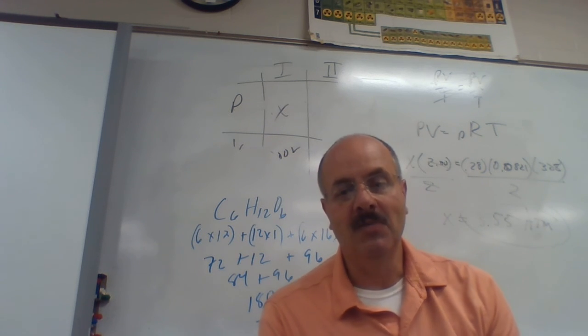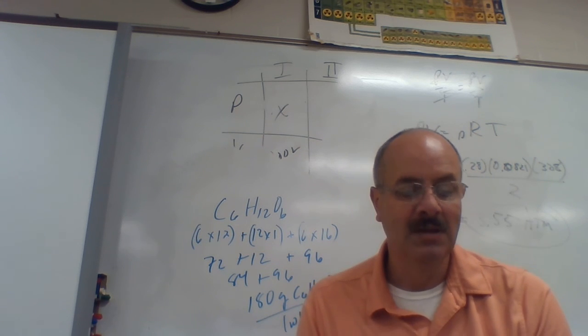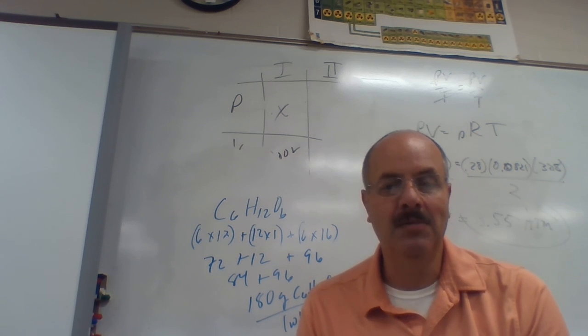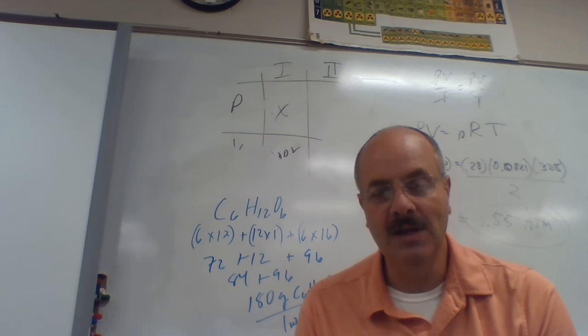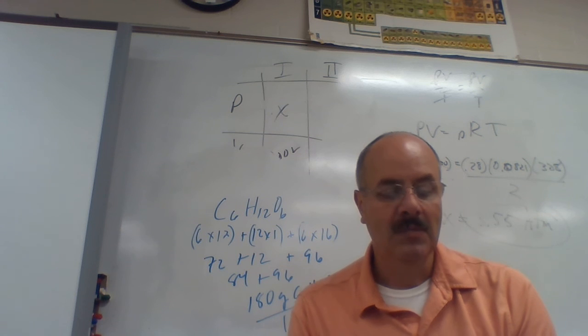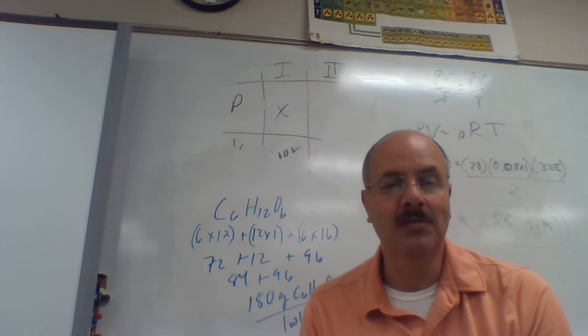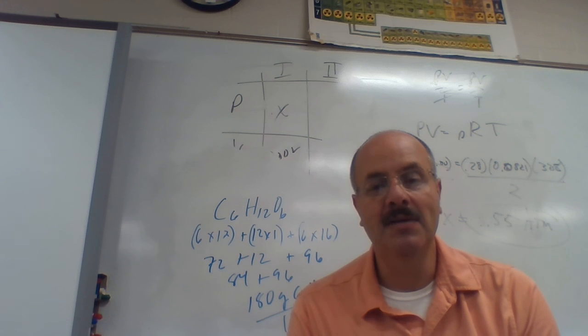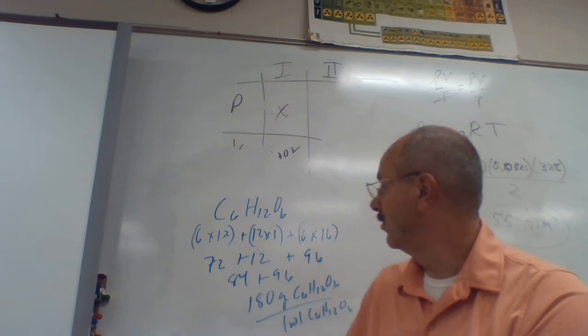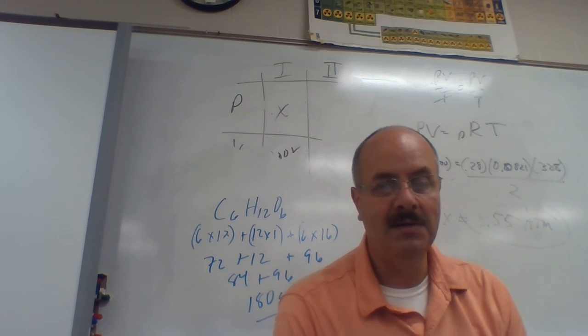But we can also be more specific and say, well, I want to know the gram formula mass. Well, gram formula mass, that would be for a formula unit of an ionic compound like NaCl. Right? Gram molecular mass is for a molecule or a molecular compound like water or like C6H12O6 that's made up of nonmetals.